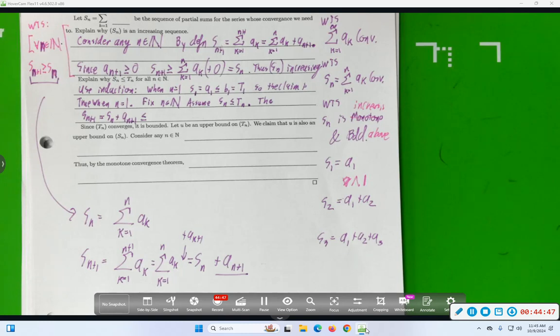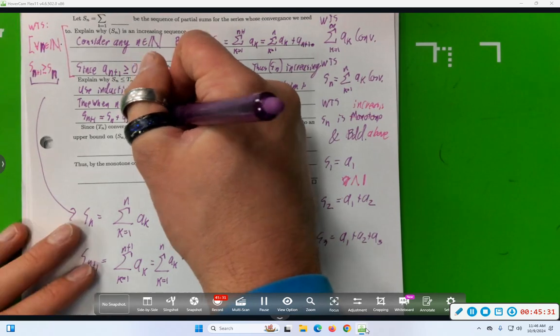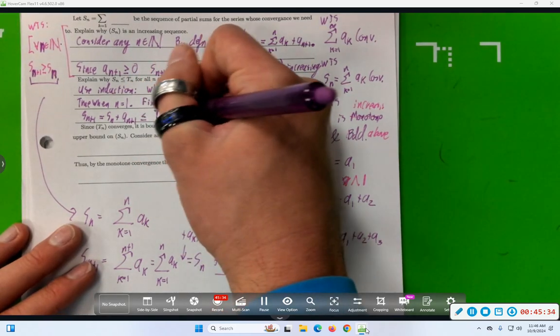What can you tell me about that? How does Sn compare with something? Yeah, by the inductive assumption, Tn plus An plus 1.